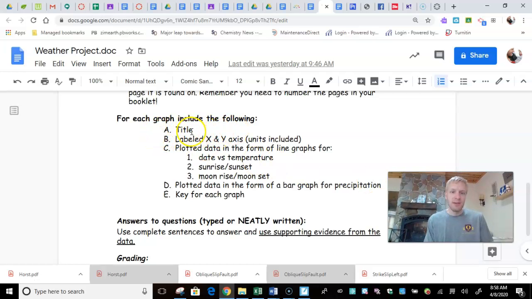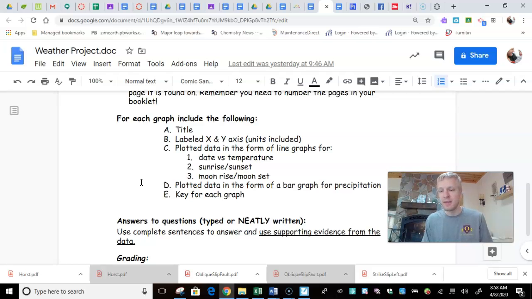For each graph, you're going to have a title, labeled X and Y axis, units included, plotted data in the form of line graphs. So that's the lines for these specific graphs, and then you're going to want a bar graph for the precipitation. And would a line graph work for precipitation?